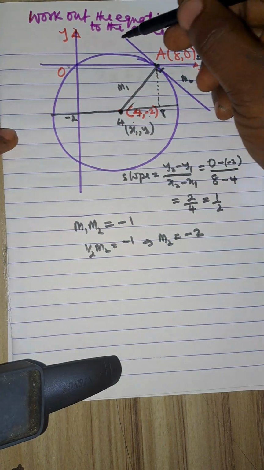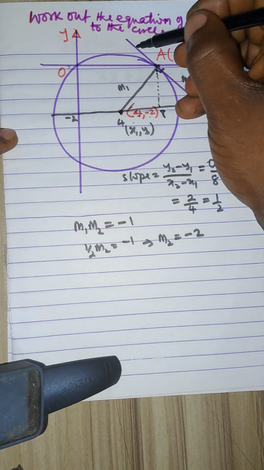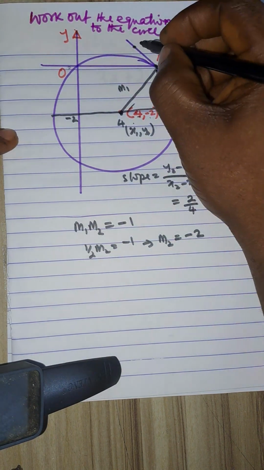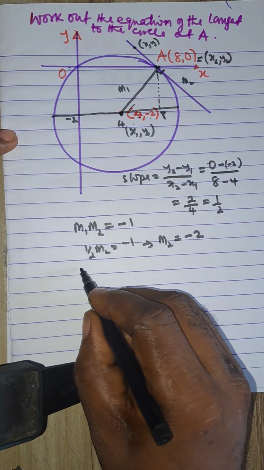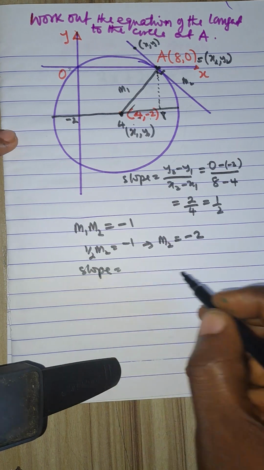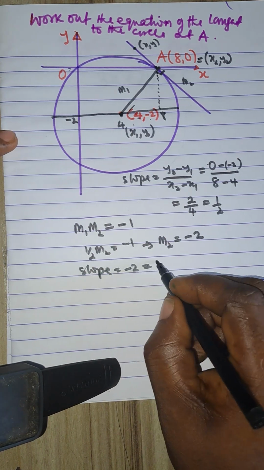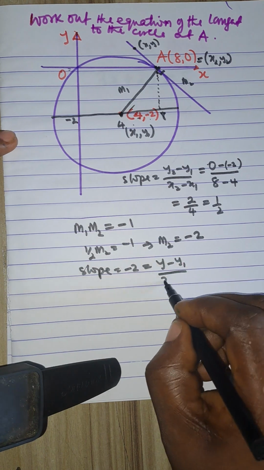Now, along this line, we just choose any arbitrary point for x and y. So the slope on this line is -2 equals y minus y1 over x minus x1.